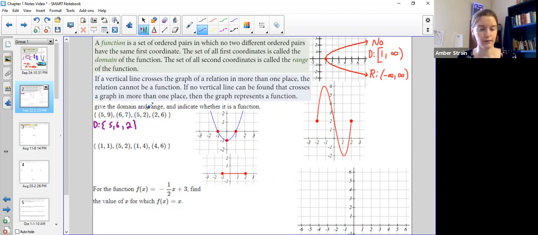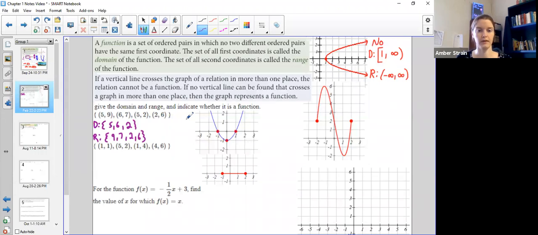Now I wouldn't list the 5 twice because I've already listed all of the specific x values. Now again, it's not from 2 to 6 because I couldn't actually hit 2.5. It was only these 4 specific dots. The range, same story, would just be those y values. So I've got the 9, the 7, the 2, and the 6.